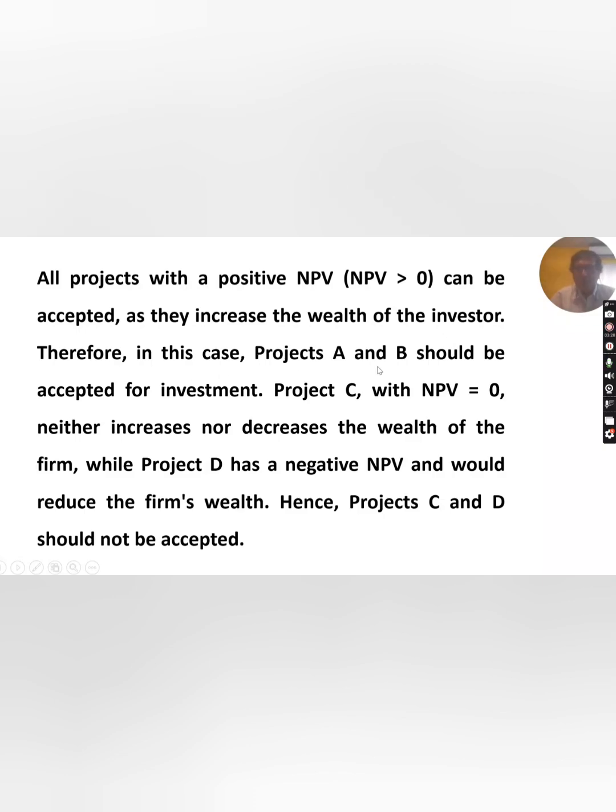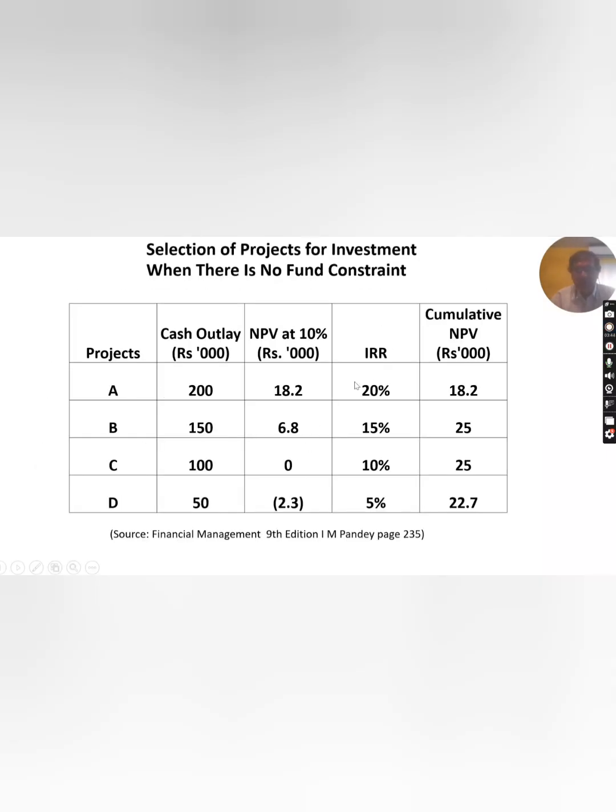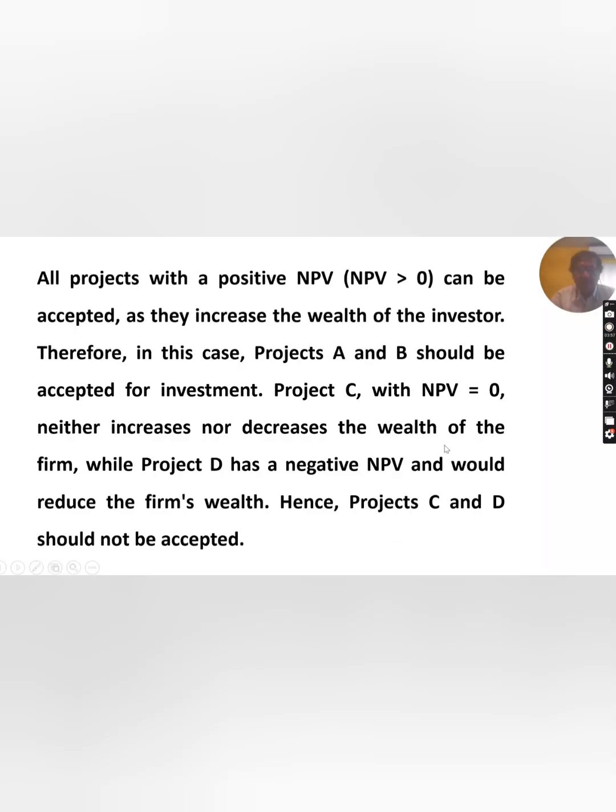Therefore, the projects A and B should be accepted for investment, as they give the positive NPV. You can check it again. A NPV is positive 18.2 and B also positive 6.8. That's why the project A and B should be accepted.